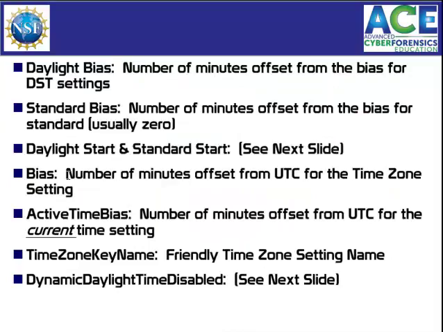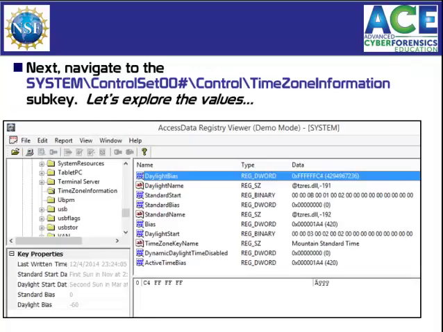The Bias refers to the number of minutes offset from UTC for the time zone setting, whereas the ActiveTimeBias is the number of minutes offset from UTC for the current time zone setting. When we come back and take a look at this slide here, you can see that the Bias is currently recorded at 420, and the ActiveTimeBias is interpreted as 420 as well.